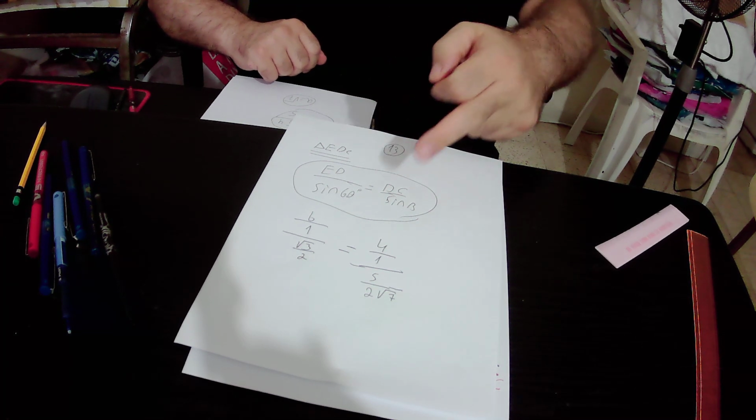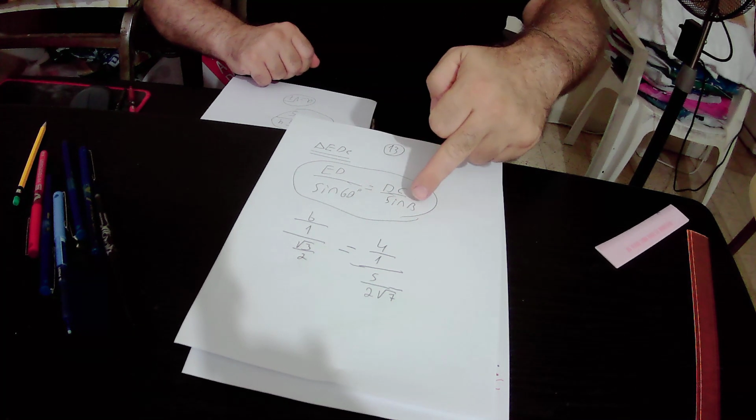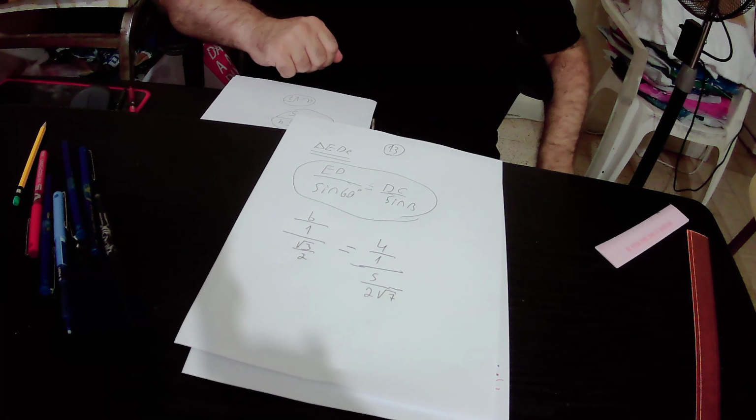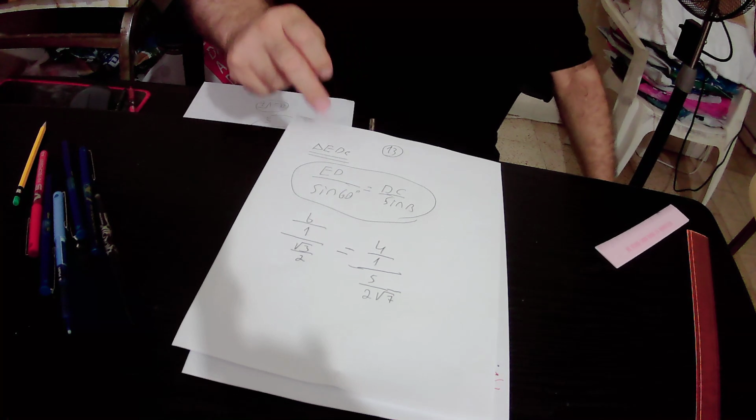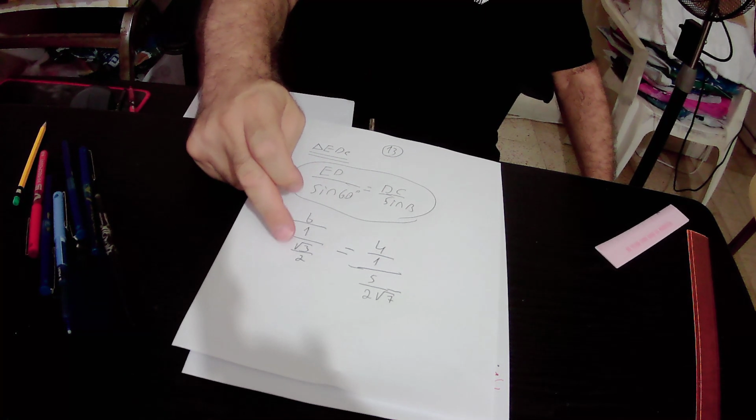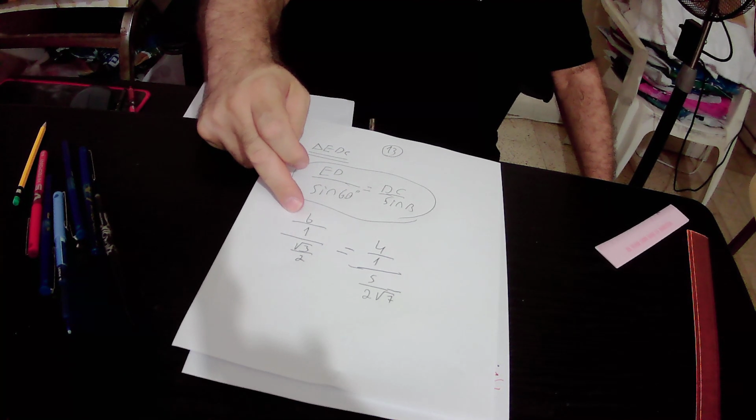We know that DC equals 4 units. We have already found the value of sine beta, and sine 60 degrees equals root 3 over 2, so the only missing variable here is B.